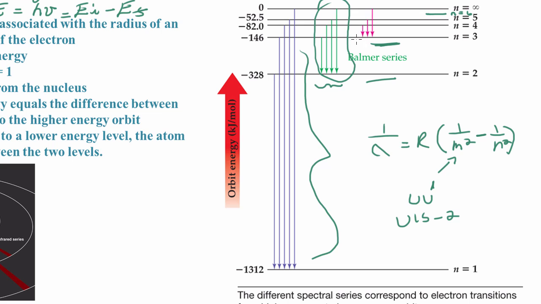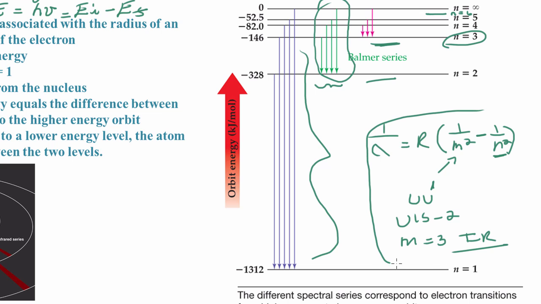And then for the infrared, m would correspond to 3. And then remember that n in this formula must be greater than m. So go ahead and practice using this information to determine the lines in both the ultraviolet and the infrared portion of the spectrum for hydrogen.